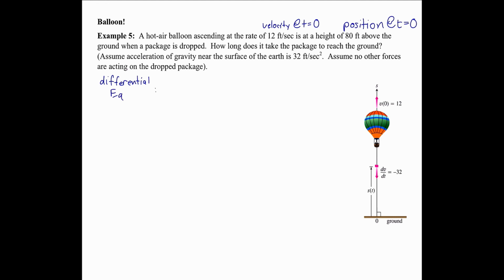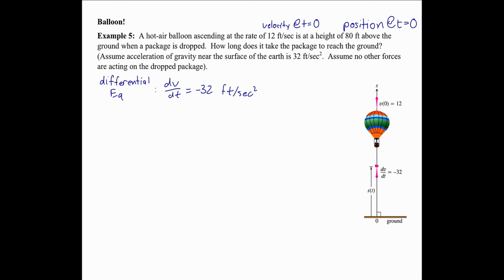In this case, it is dv, the derivative of velocity with respect to time, is equal to negative 32. In this case, it's going to be feet per second squared, but we're more concerned about the negative 32 in this context as our function. And it's negative because we're going down.